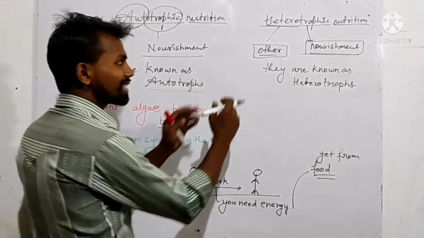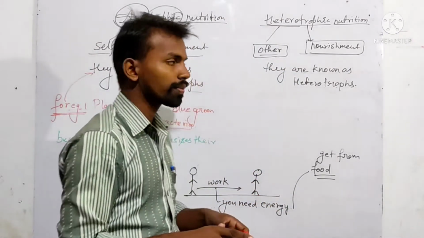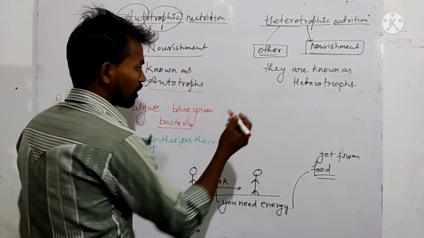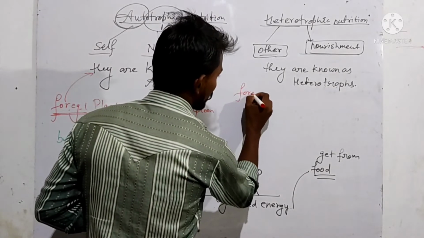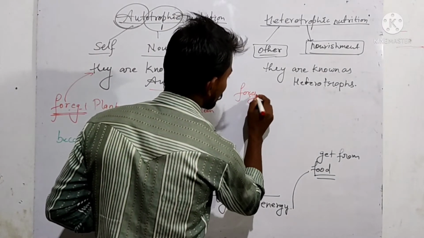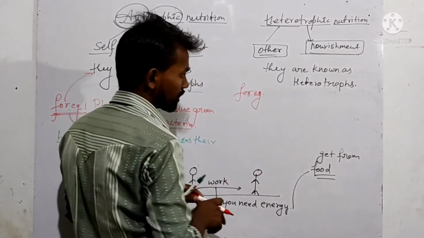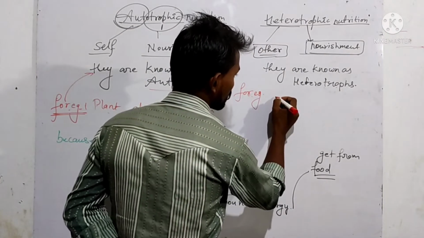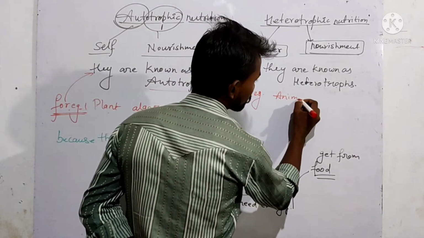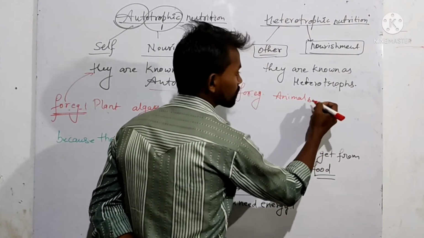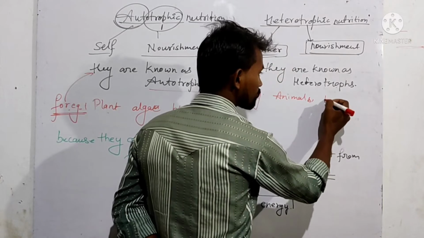But in the case of heterotrophic nutrition, for example, animals like humans.